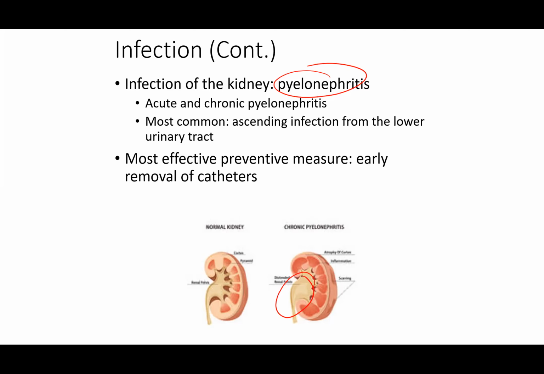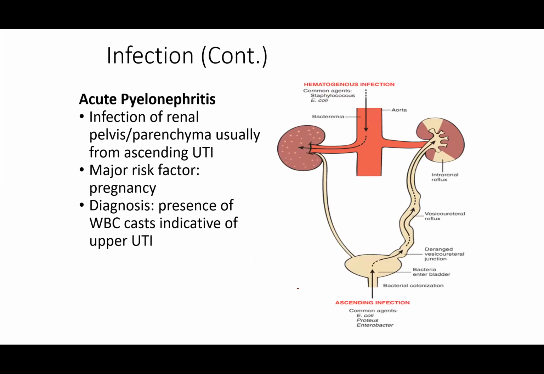Pyelo means pelvis, so it's alluding to this area in the renal pelvis. Okay, so for the acute, a common agent to cause acute would be E. coli.